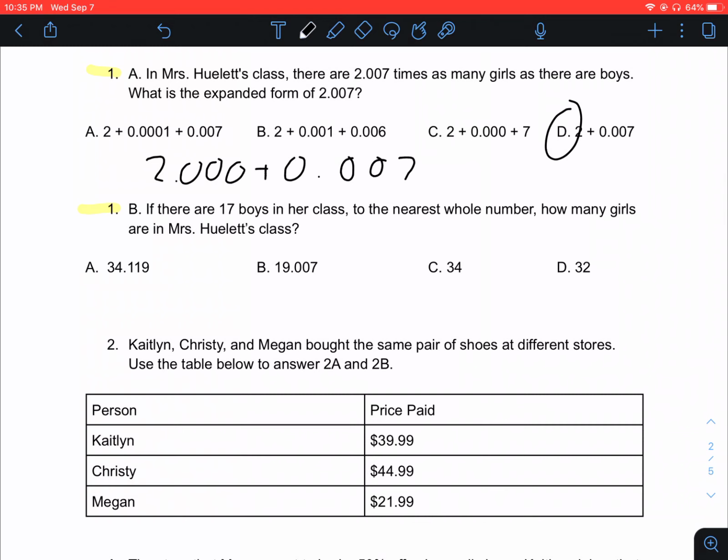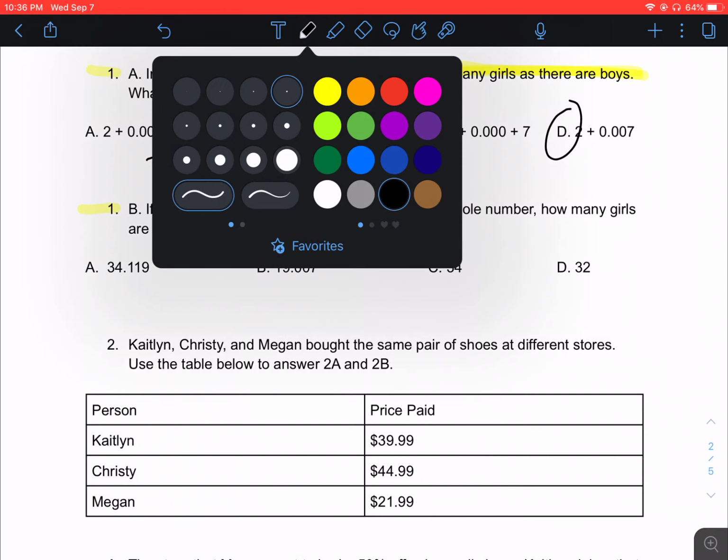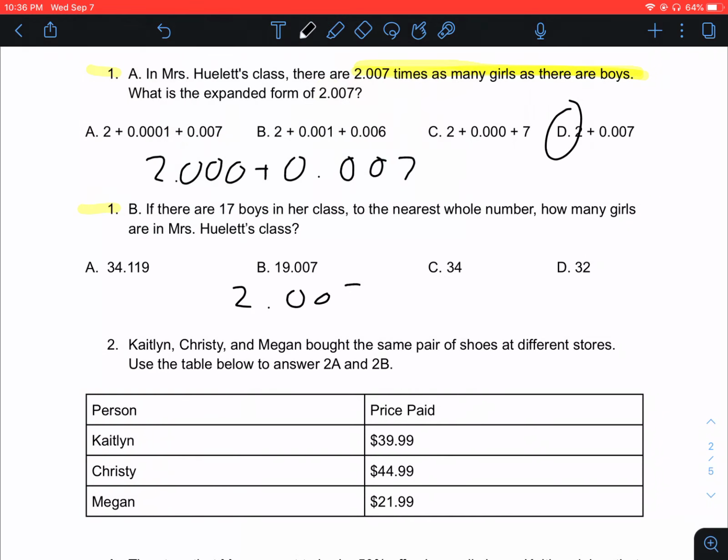If you look at number 1, it says there are 2.007 times as many girls as there are boys. So we're looking for girls, but we already have boys. So we're going to multiply 2.007 by 17.